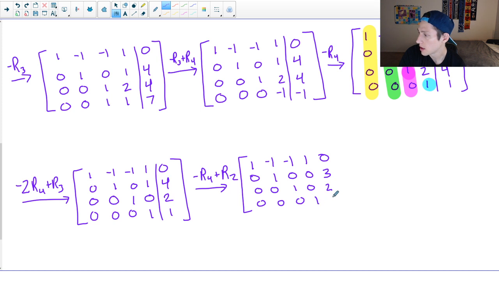So again, I know a lot of it is writing the same things over and over again. I see people try to do multiple steps in one matrix, like going from here, they'll try to do this step and this step at the same time to change both of these rows. You can do that. I would not recommend it at all. 9 times out of 10, it's already easy enough to make a mistake on this.